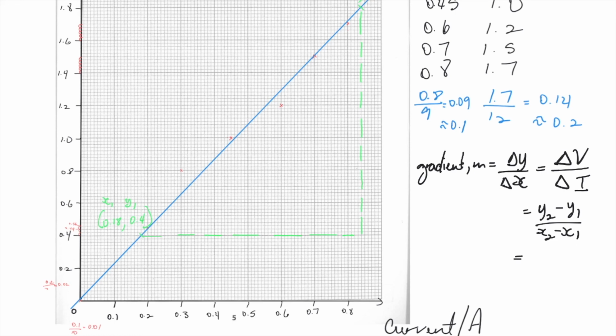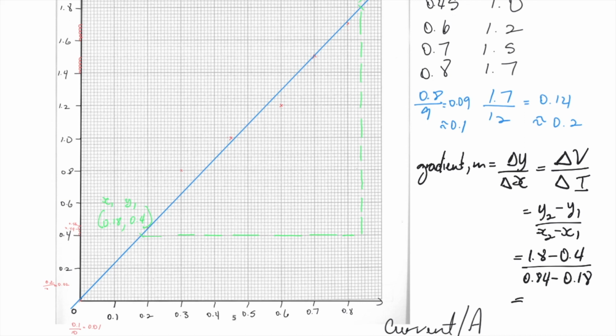So our y2 is 1.8 minus our y1 is 0.4, and then our x2 is 0.84, and our x1 is 0.18.